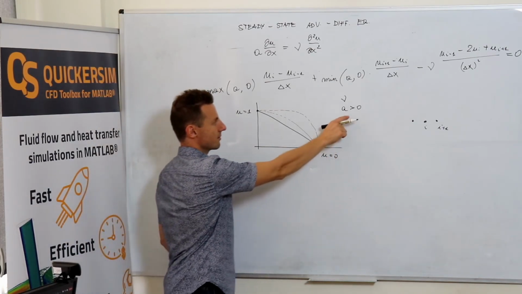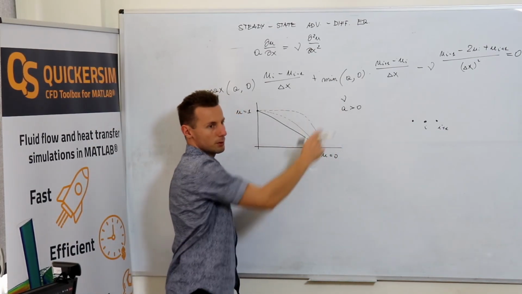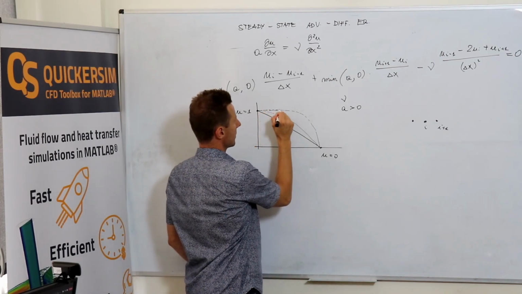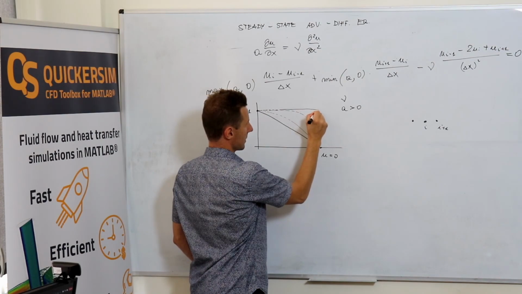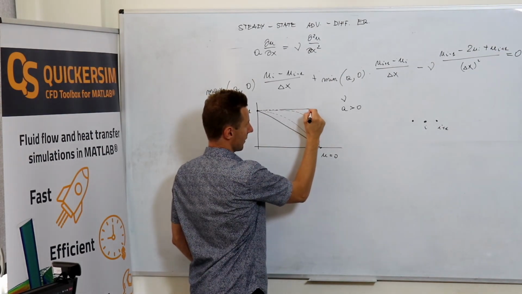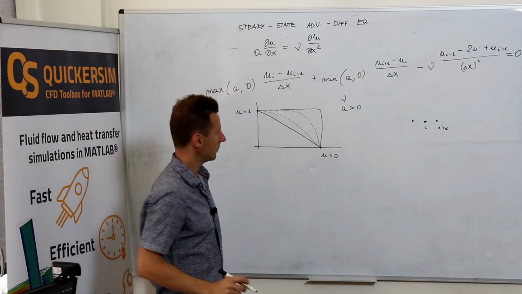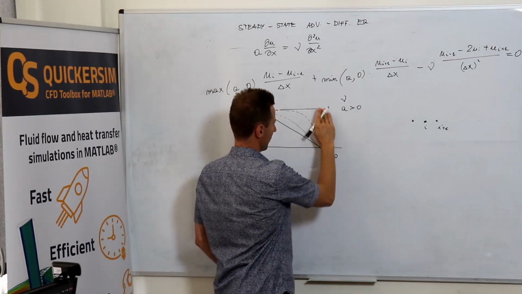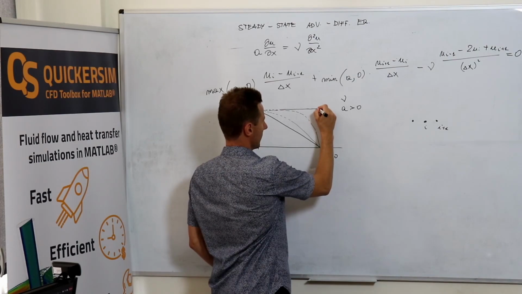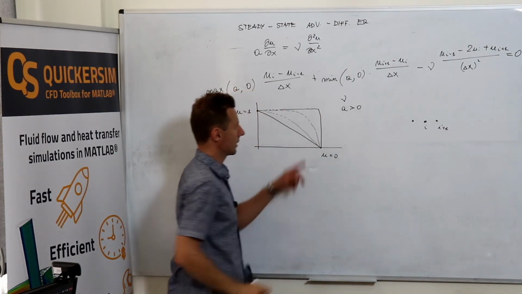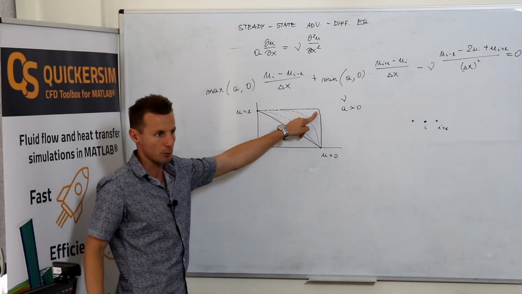If your velocity is very, very large compared to diffusivity, what you come up with is actually something like that. Maybe not a perfect drawing. What you get here is a very steep gradient.